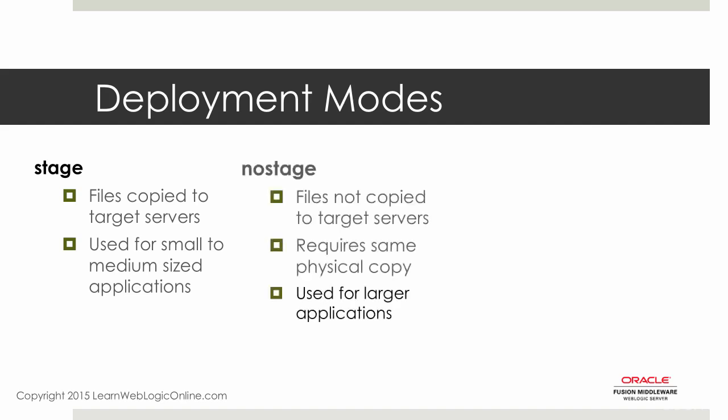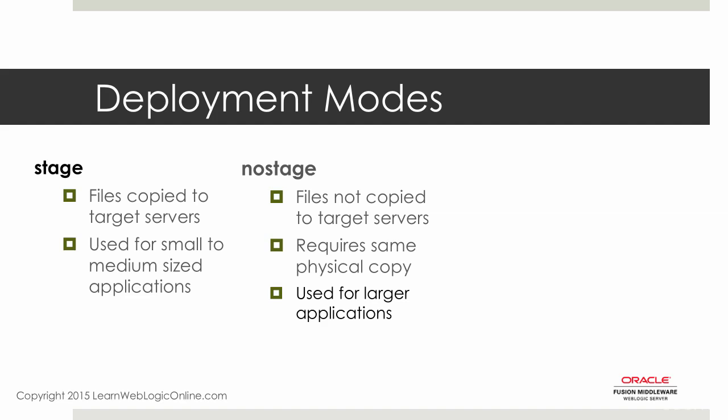So the other method is the no-stage method. So files are not copied to the target servers. Instead, the files are staged prior to deployment, and the target servers deploy using the same physical copy of those deployment files. So typically, the most common example I see of this is that you have a WebLogic cluster and you have a large application and you want to deploy it to the cluster that has several WebLogic managed servers in it.